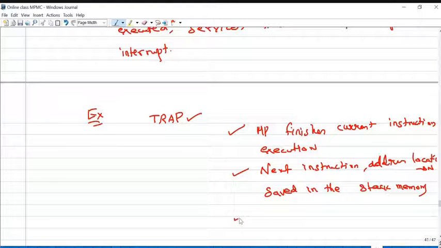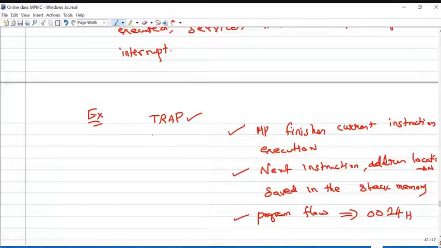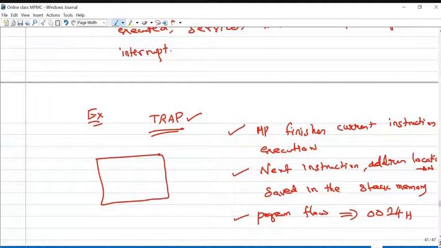And then the program flow goes to the address location 24H for trap, that is 0024. In the 0024 location is the starting instruction.